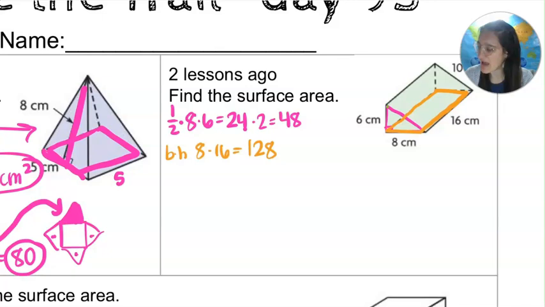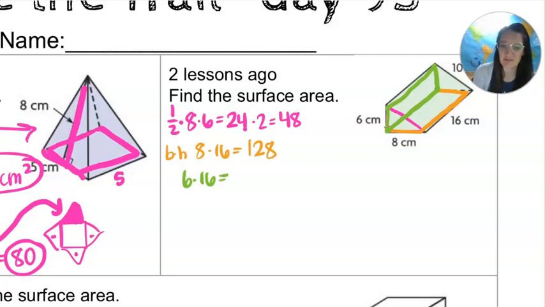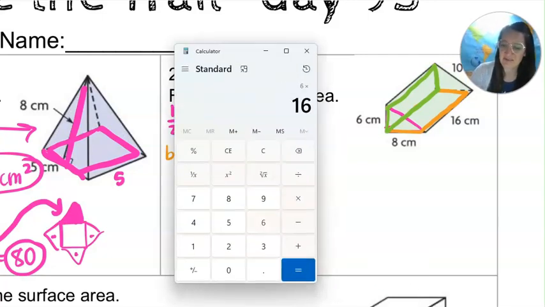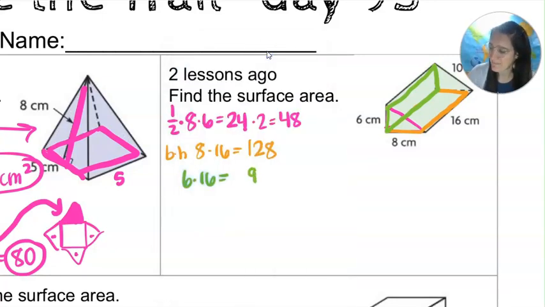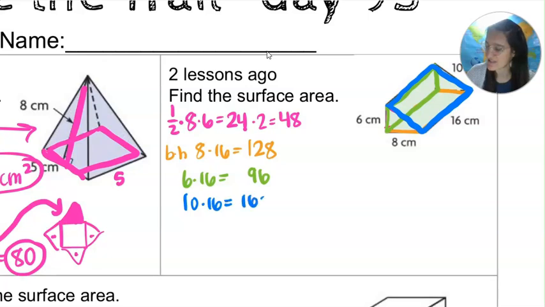Then I'm going to do this back rectangle, which is 6 times 16, which I won't cheat anymore. I'll do the work. 6 times 16 is 96. And then this front flat one is 10 times 16, which I know is 160.